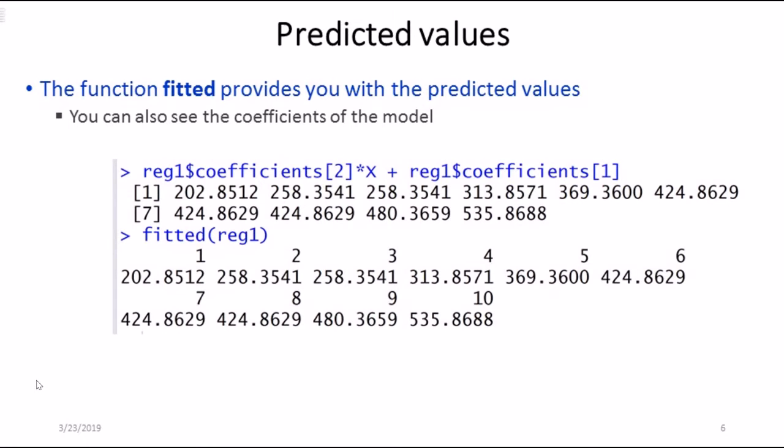This way, you manually calculate the predicted values of the target variable. In the second command, you can use the fitted function and give it the model that was trained or fitted before.